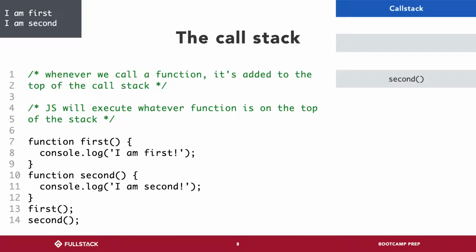So then we see I am first, I am second, right? And then second gets taken off of the call stack. And that's that. Does that make sense? A function is called, it goes onto the call stack. That function runs. When that function is done running, it is taken off of the call stack. And we continue reading our application. Okay? Not too bad, right?